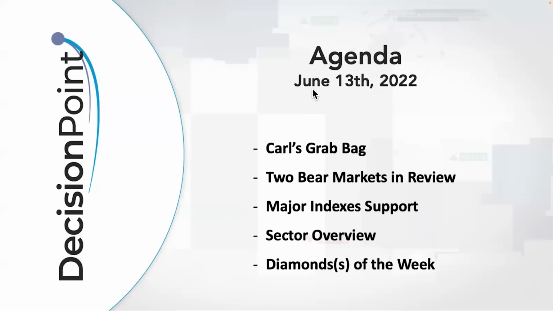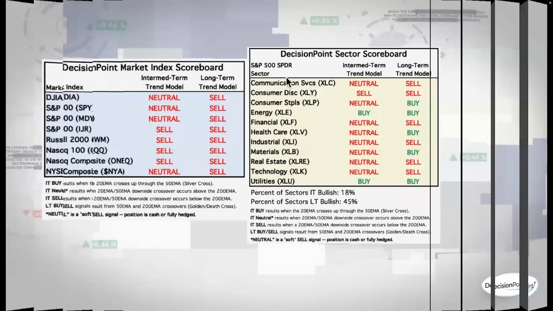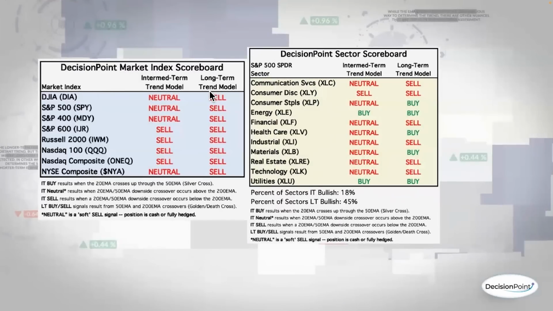Let's start with the sector scoreboard and the Decision Point market index scoreboard. These are telling us what the intermediate term trend model and long-term trend model signals currently are. Long-term trend model is when the 50-day is above the 200-day, that's a golden cross. That would be a buy signal. Opposite is a death cross, and currently all of the indexes have death crosses.